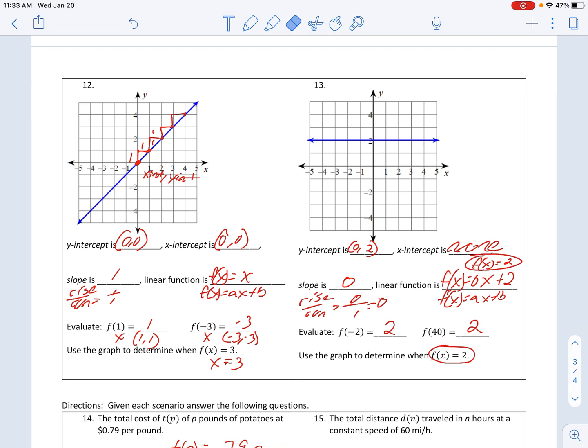You could tell me all these little points right here at (1, 2), (2, 2), (3, 2), (4, 2), (5, 2), (42, 2), (-3, 2), (-5, 2). And the answer for this one is x is infinite, okay? It has all the real numbers. X is infinite or all real numbers, because every number out there, because it's horizontal, is going to give me the same y value of 2.